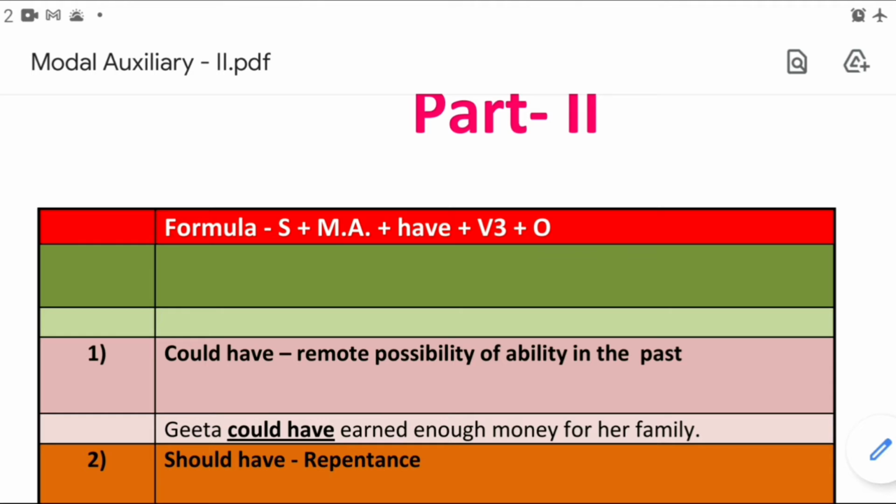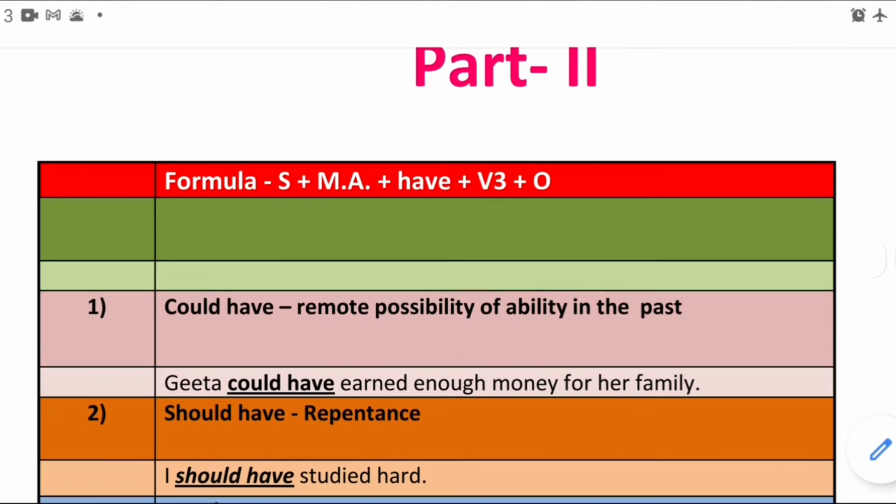If I want to make a sentence on my real life, then I can say that in the last week I could have helped that blind person in the bus, but I did not. That "but I did not do that" is in the bracket. It is unsaid. So such sentences you can make in your real life.